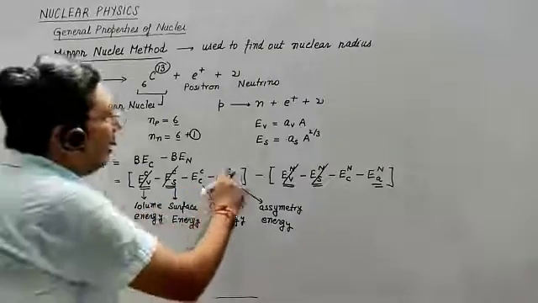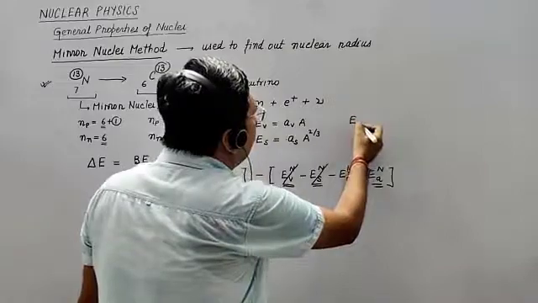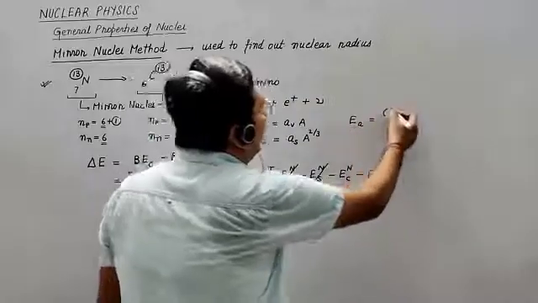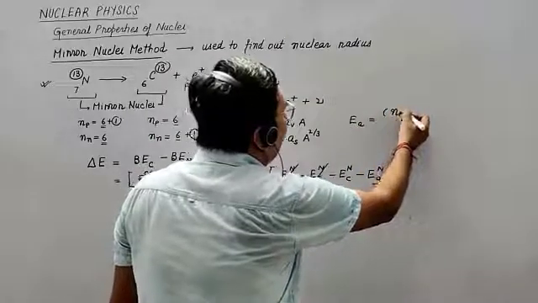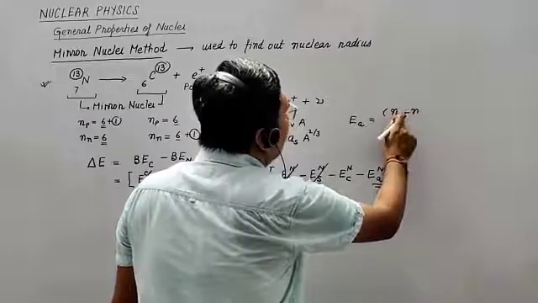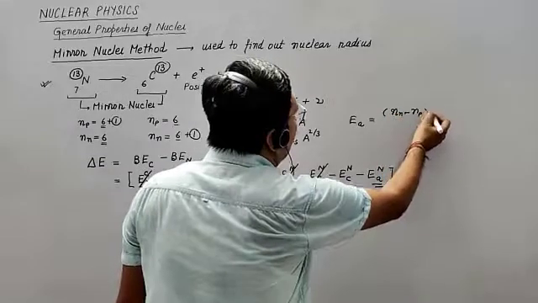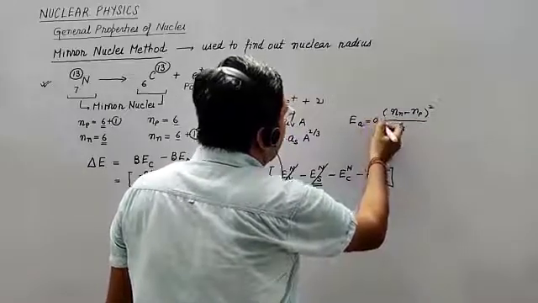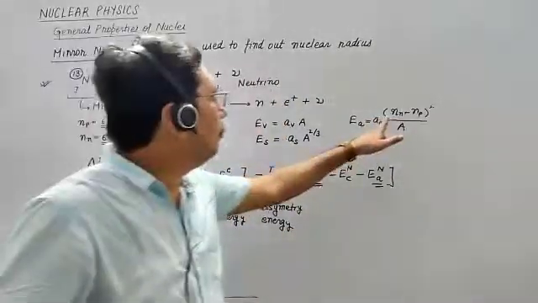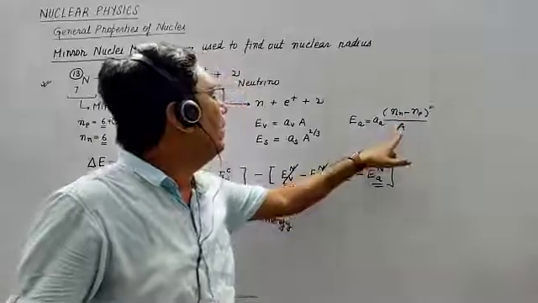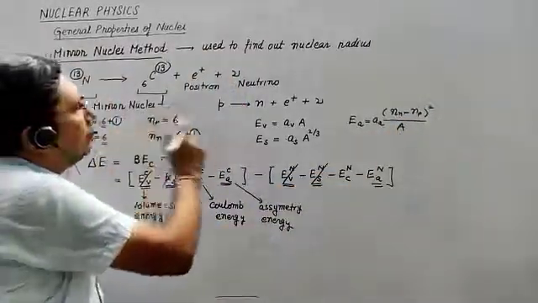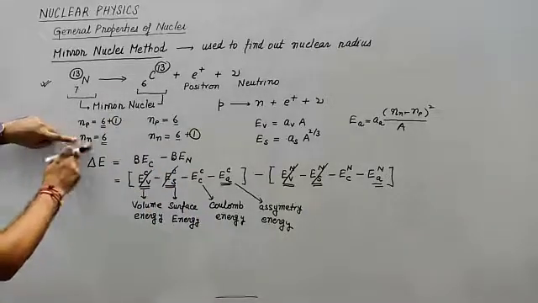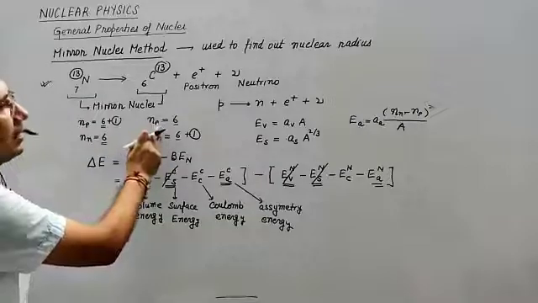Now come to this EA, the asymmetric energy term. This is equal to a constant AA into the number of neutrons minus the number of protons, squared, upon A. So here, in case of mirror nuclei, in case of these 2 nuclei, you will find that here Nn minus Np is minus 1 and here Nn minus Np is plus 1.